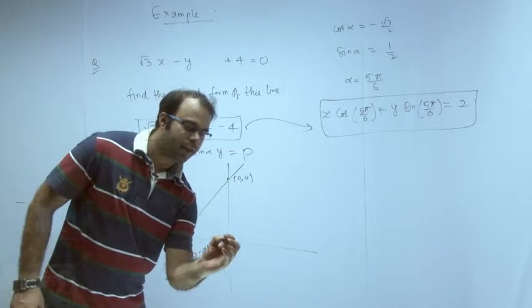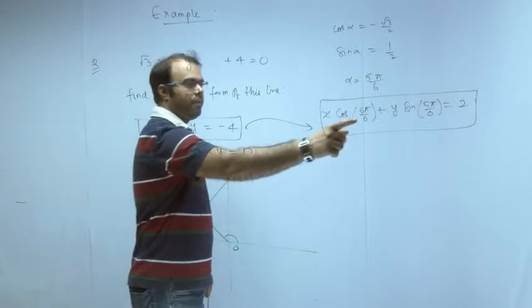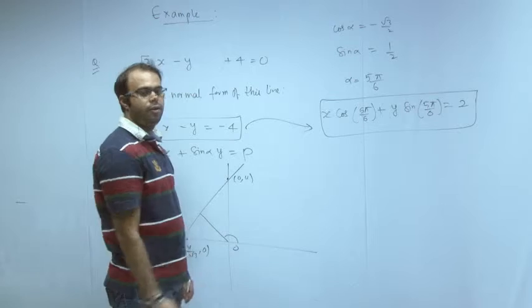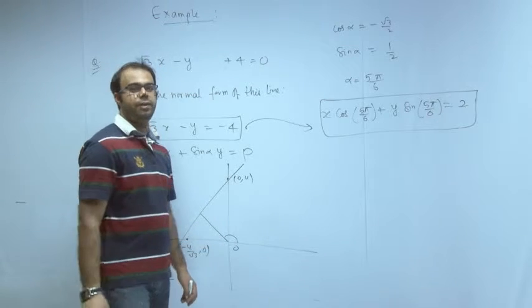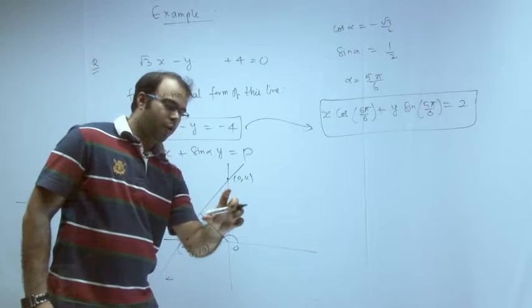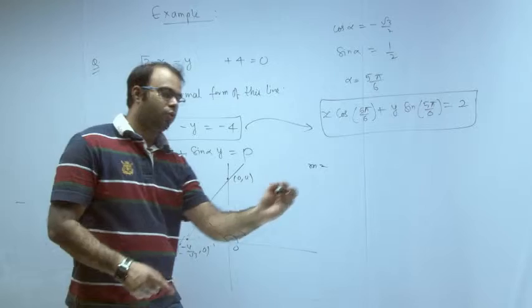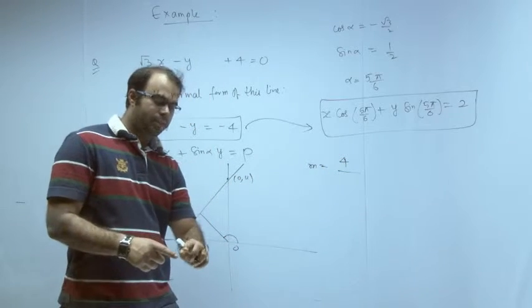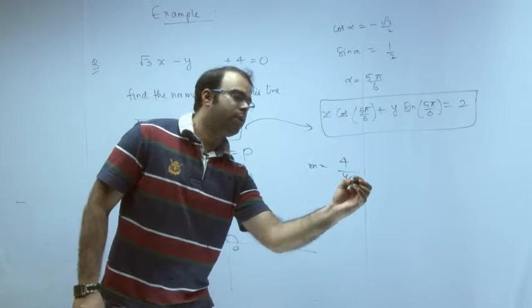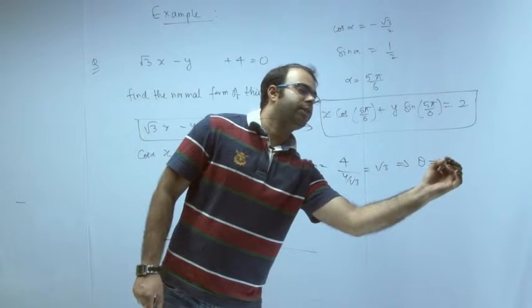Perpendicular from origin on that line is making this angle, which is obtuse. So, clearly 5 pi by 6 is between 90 degree and 180 degree. Now, that value can be obtained by the slope of this line. This is m, this is 4 minus 0 by 0 minus of minus 4 by root 3, that is 4 by 4 by root 3, that is equal to root 3, that is theta is equal to 60 degree.